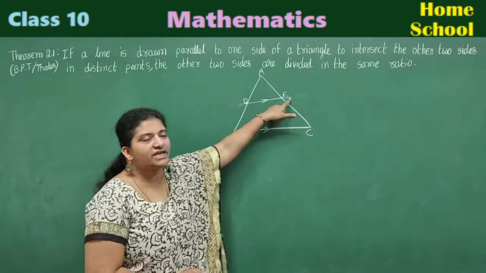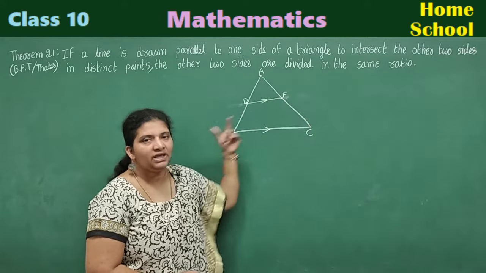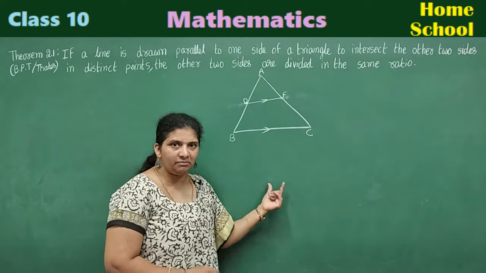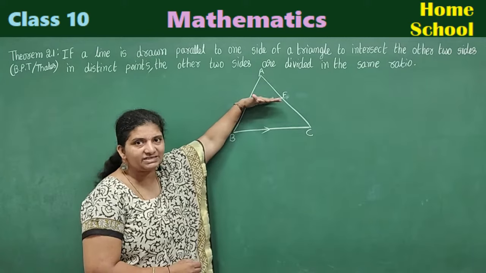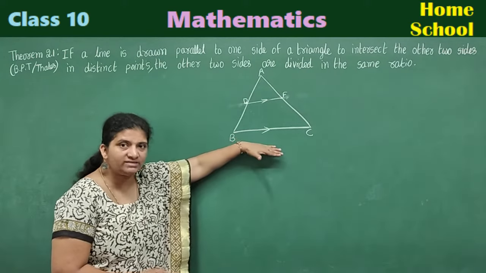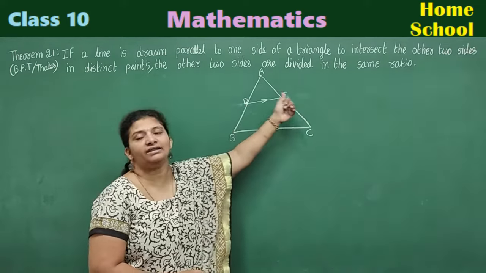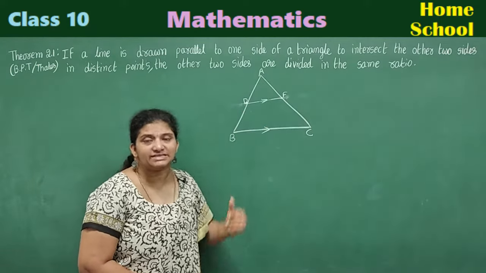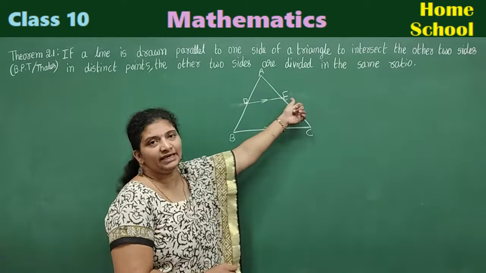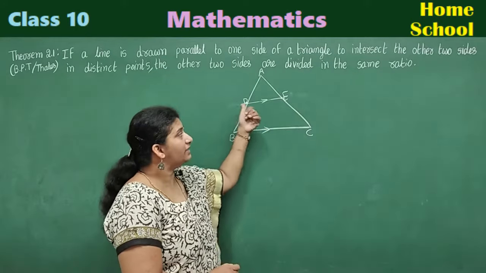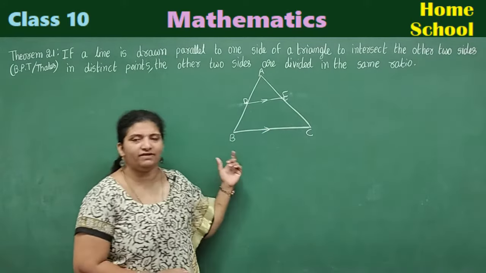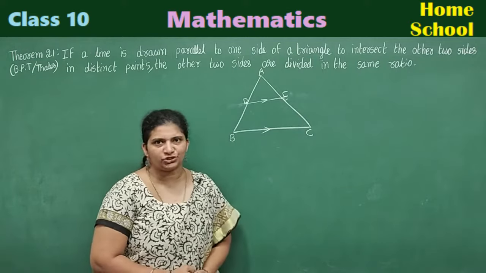The extra line which came out I have cleaned up here. And again let's repeat the statement. If a line is drawn parallel to one side of a triangle to intersect the other two sides in distinct points D, E, then the other two sides are divided in the same ratio.